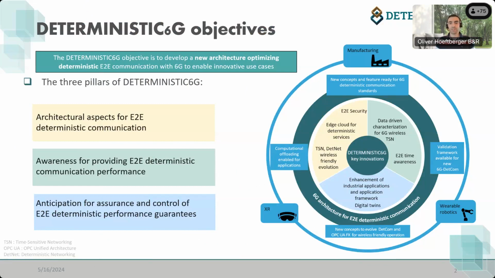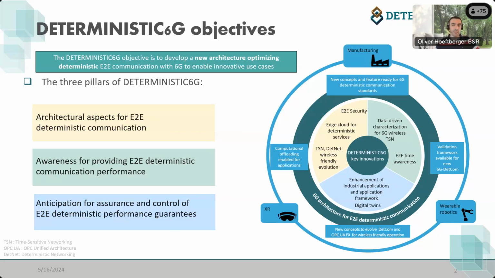The main pillars of the project are the definition of those architectural aspects that relate to end-to-end deterministic communication. This is, of course, security. We are including edge cloud computing as deterministic services. We need to include TSN network, DetNet networking as well, together with the 6G wireless communication.